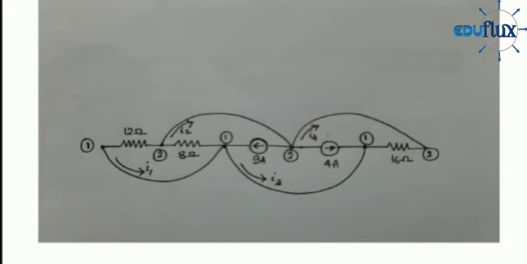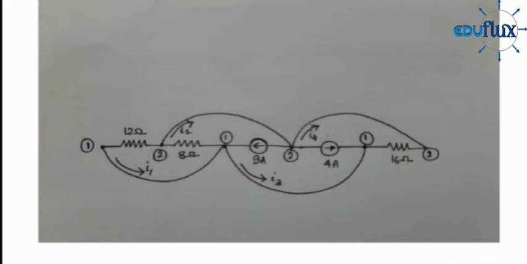Now if you see carefully, all these resistors, whether I am talking about 12 ohm or 8 ohm or 16 ohm, are connected between the same node pair 1 and 2.